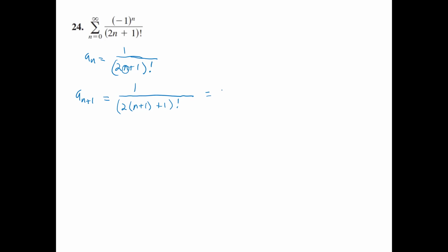And so then this works out to 1 over (2n plus 2 plus 1), which is (2n plus 3) factorial. Okay, and so now we're going to look at the ratio of a sub n plus 1 divided by a sub n. And if we can show that this is less than 1, then my sequence is decreasing.